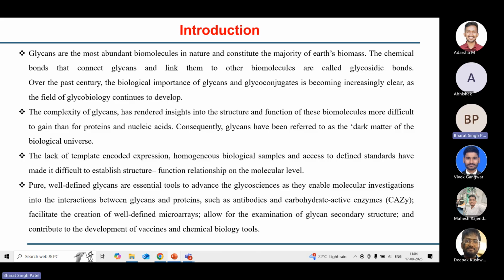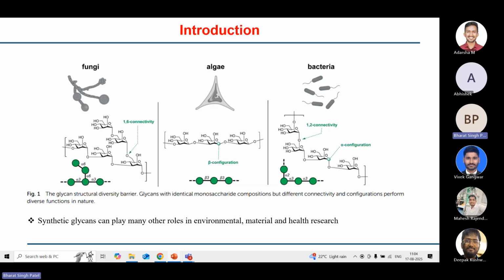For example, glycan-protein interactions can be developed, which can lead to the development of vaccines and other chemical biological tools. If you see here, in fungi, algae and bacteria, the monomer sugar is only mannose.